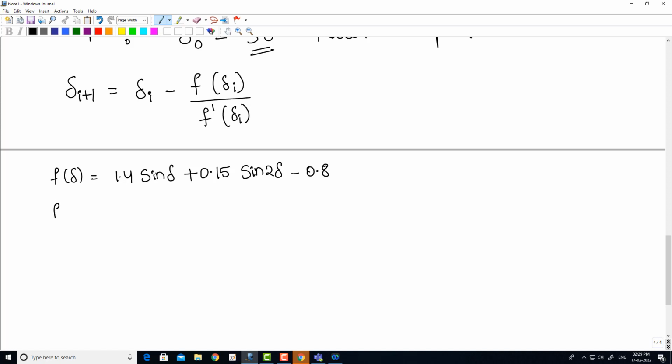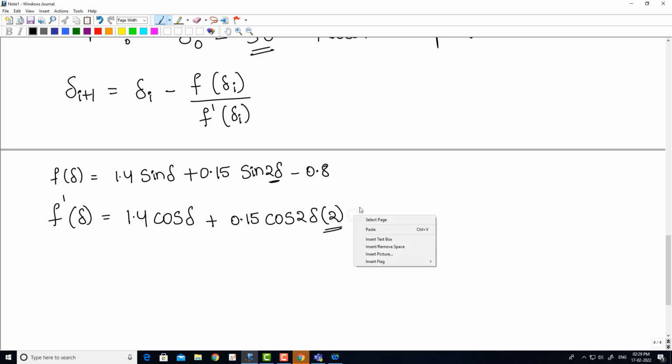So f dash of delta means its derivative. So the derivative of sin is cos. So 1.4 cos delta plus 0.15 times the derivative of sin 2 delta, which is cos 2 delta into the factor 2. So 0.3 cos 2 delta, this is f dash of delta.